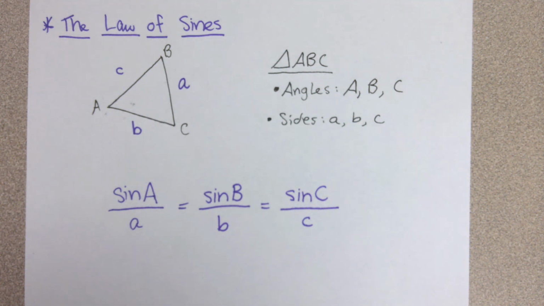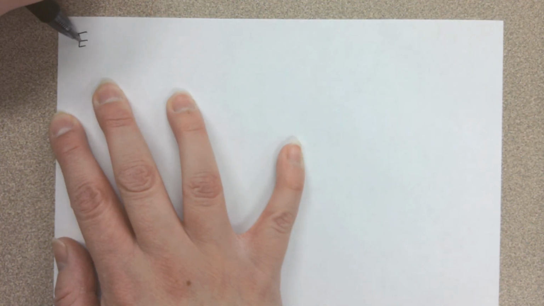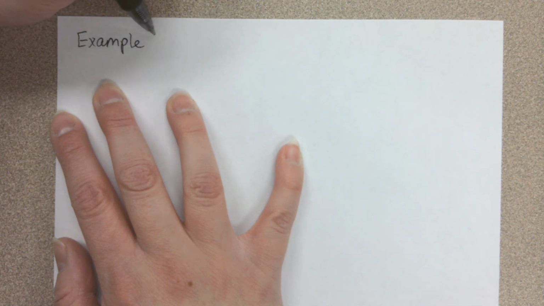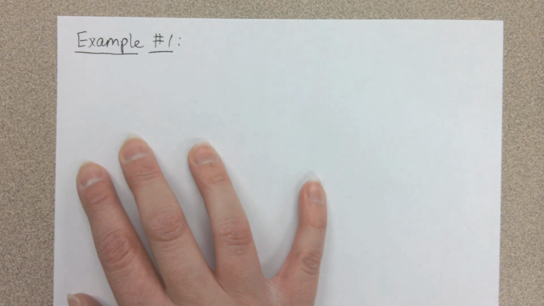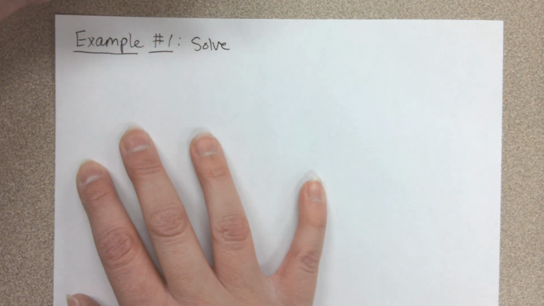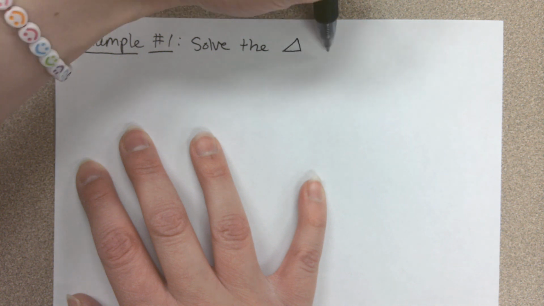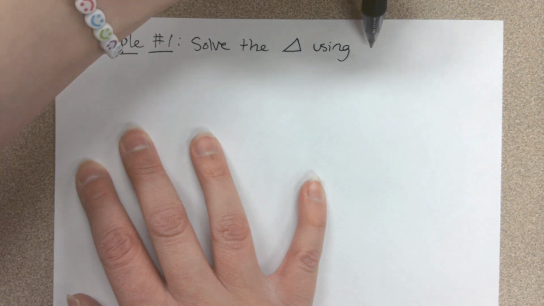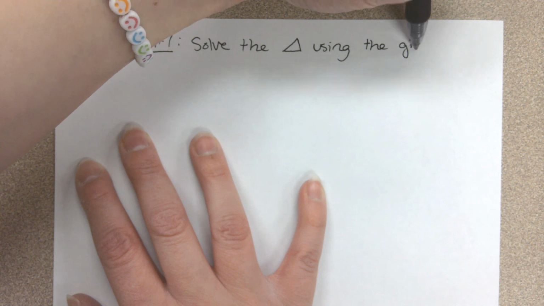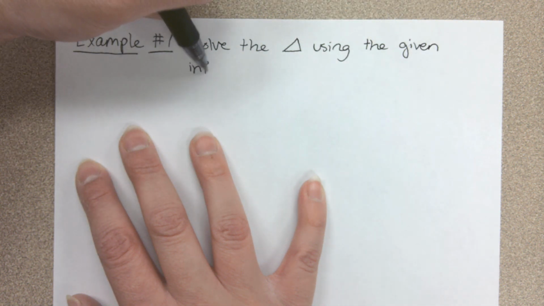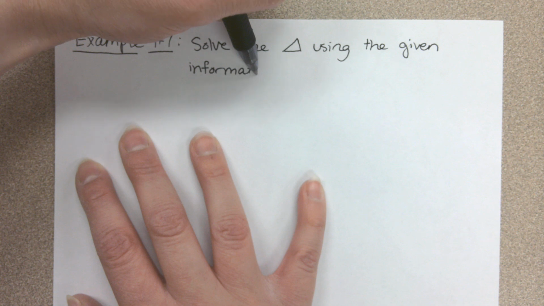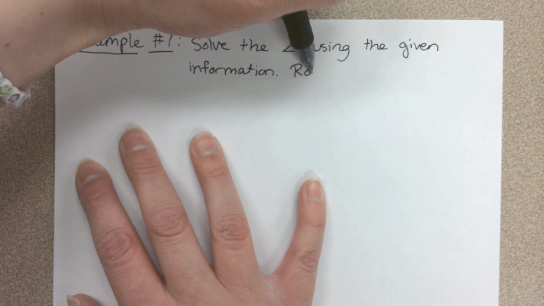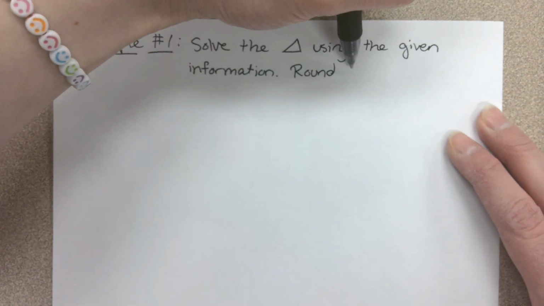All right, let's do an actual problem. Example 1, solve the triangle using the given information. Round to 2 decimal places.